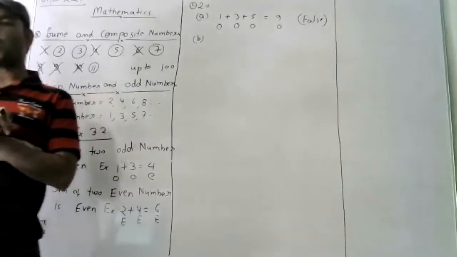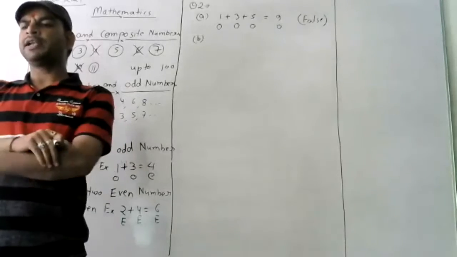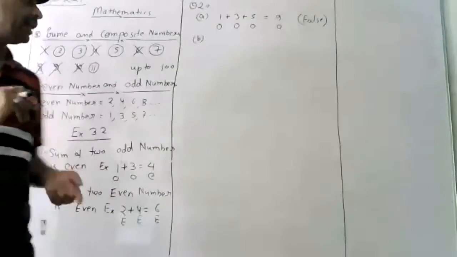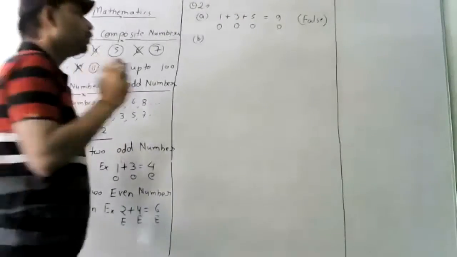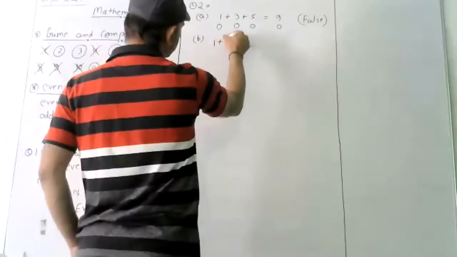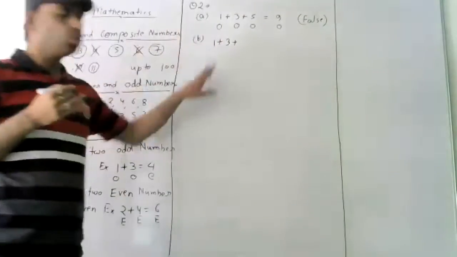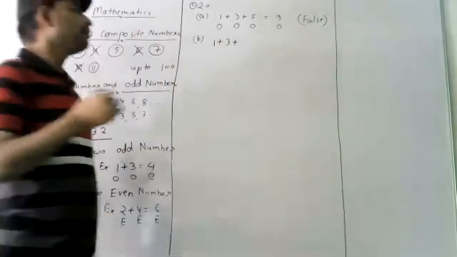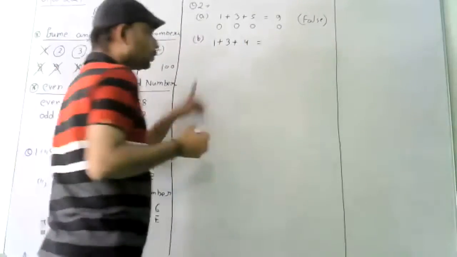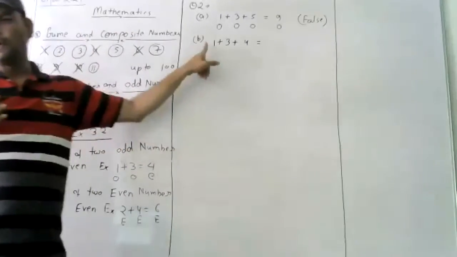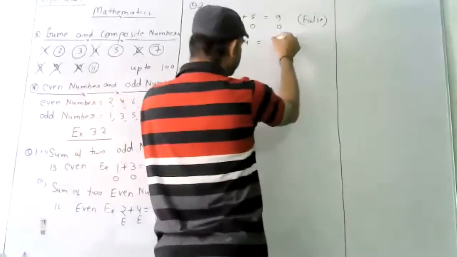Statement B. The sum of two odd numbers and one even number is even. Let us check. Two odd numbers, 1 plus 3, and one even number, 4. So 1 plus 3 is 4, and 4 plus 4 is 8.